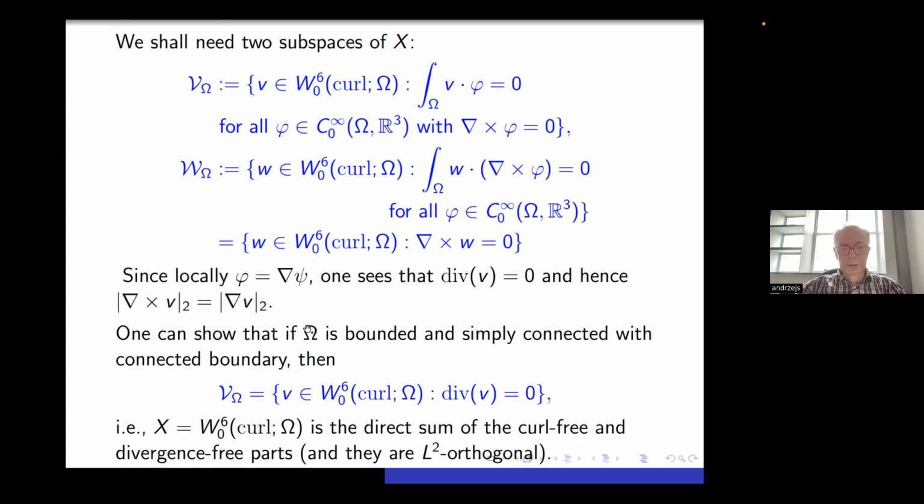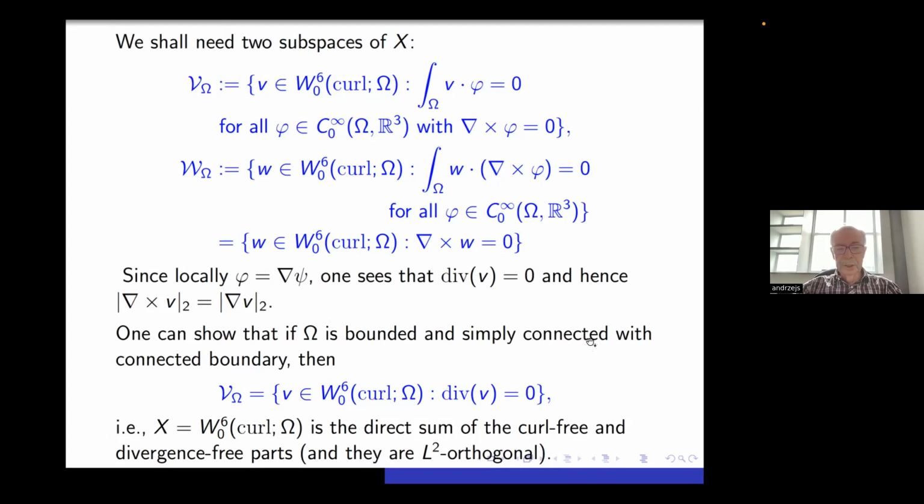Also, one can show that if omega is bounded and simply connected and has connected boundary, then V omega is in fact the set of v's which are divergence free. So in this case, the space is the direct sum of the divergence free part V omega and the curl free part W omega.